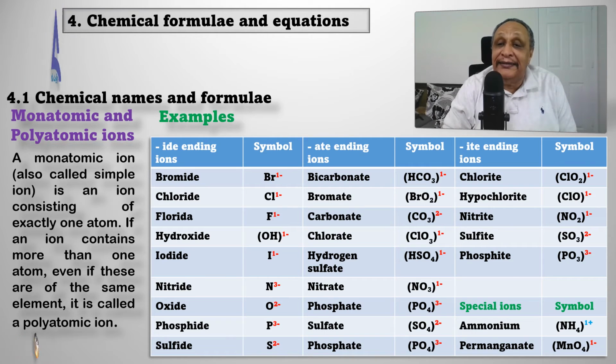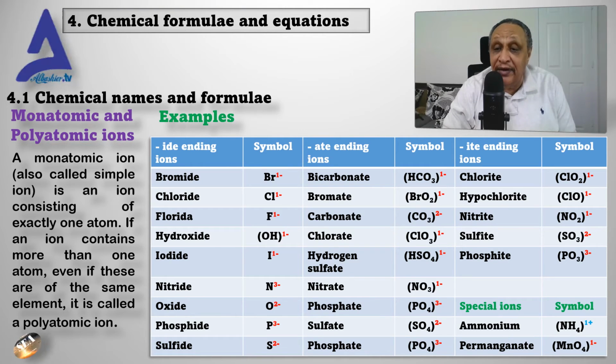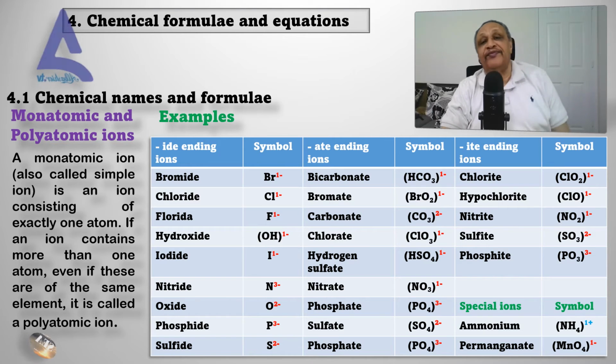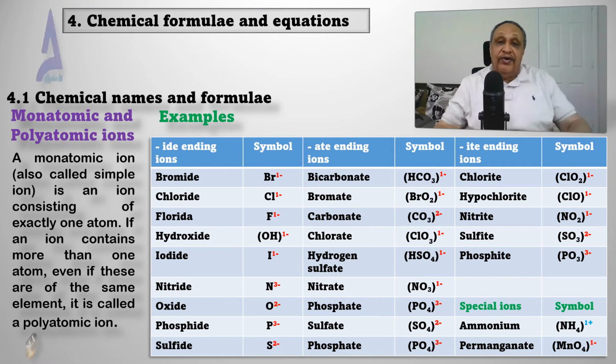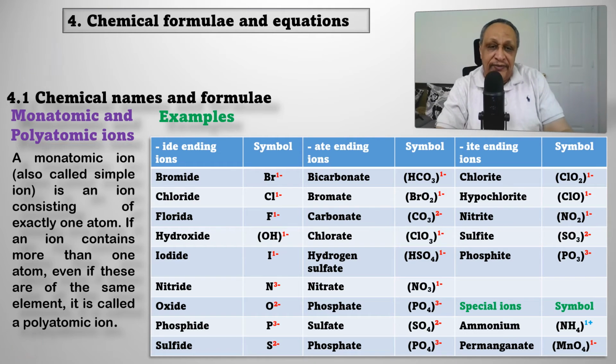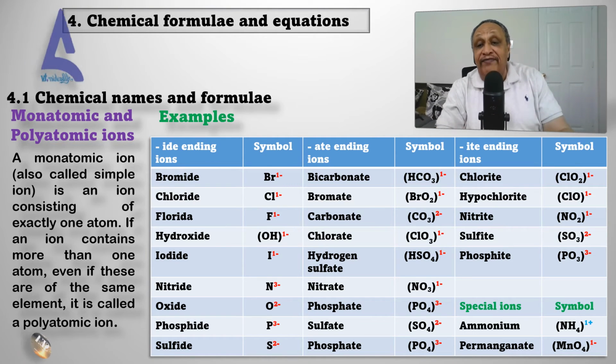And then ITE: chlorite, hypochlorite, nitrite, sulfite, phosphite. And also there are special ions like ammonium, which is NH4, +1, and this is the only one that is +1, and permanganate, MnO4, -1. We are going to learn how to determine whether it is minus or plus, but you have to memorize this, please.